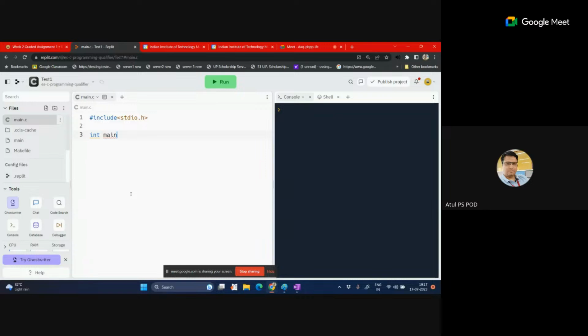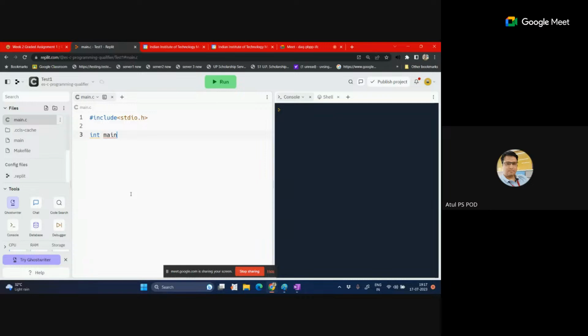The full form of stdio is standard input output. So this is one library where many predefined functions are already defined, and we can directly use them. If we include this library in our program, we can directly access all the functions defined in this library and use them in our program.